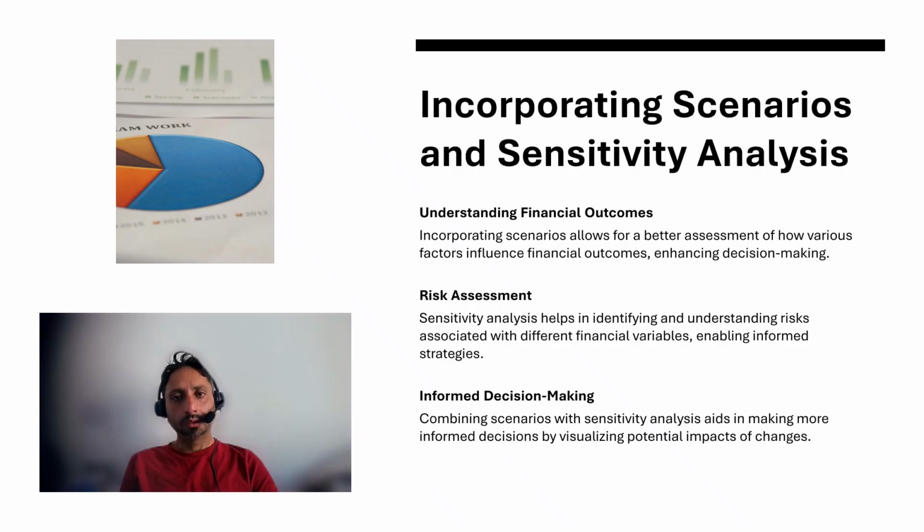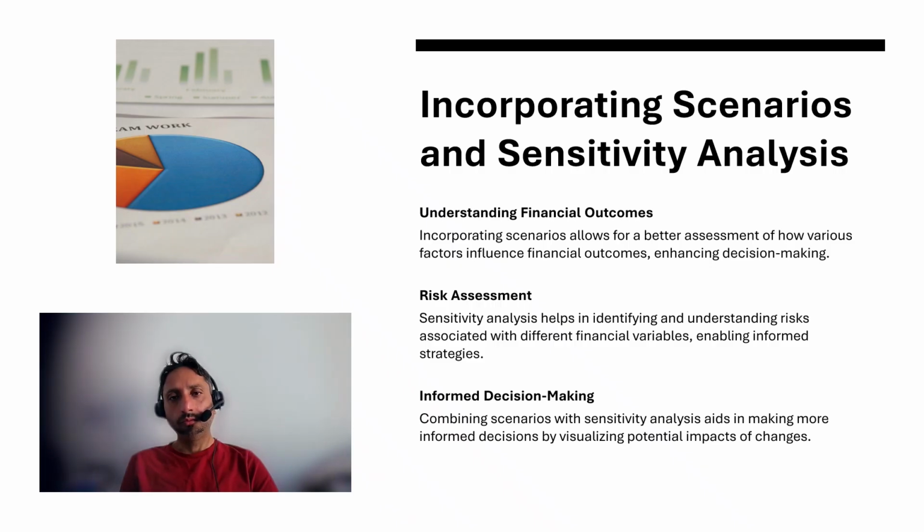If things are just as they are today or in previous times, then what can be our financial outcome or profitability? And if things are really very favorable, more favorable than in current times or in previous times, then what can be our profitability?